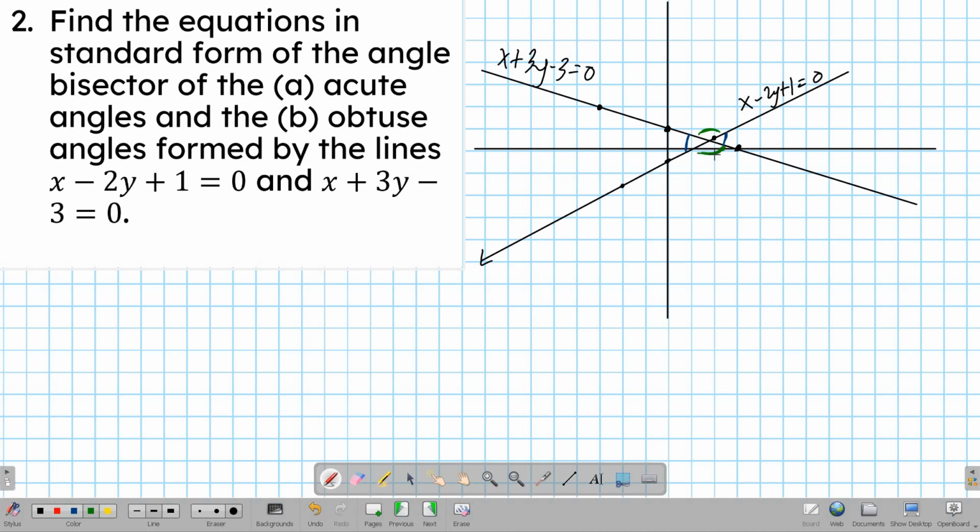So now, we need to find the equation of the angle bisector. That would mean I'm going to draw a line here. This angle here bisects these two angles, which means this angle and this angle have the same measure.